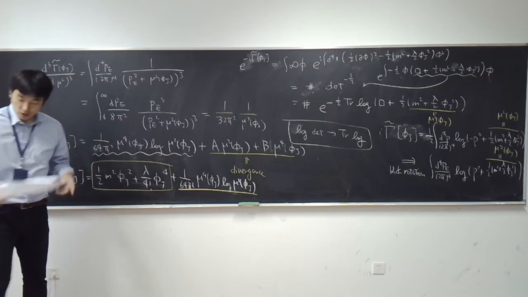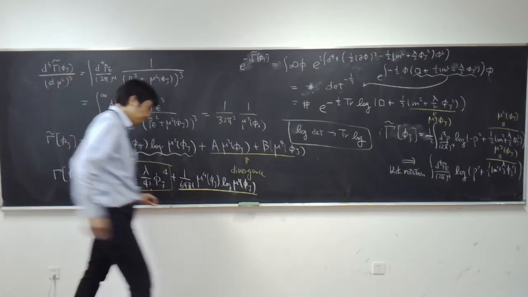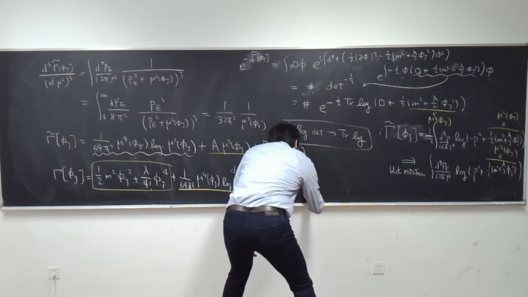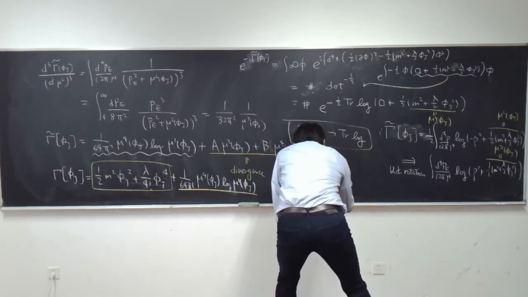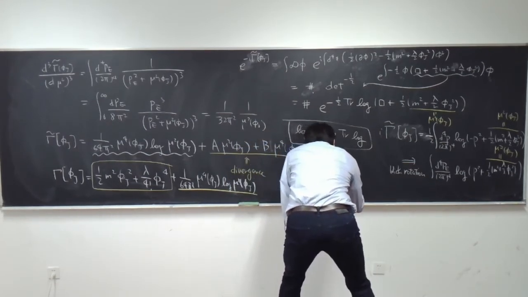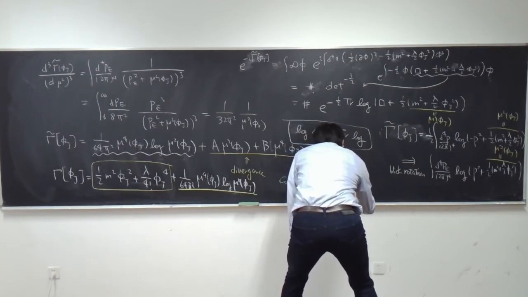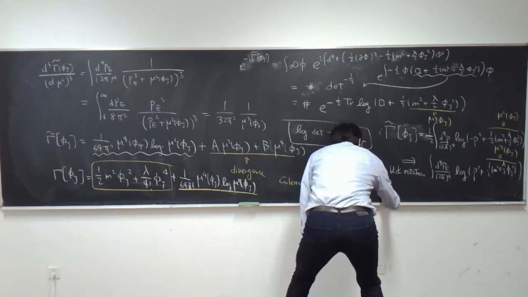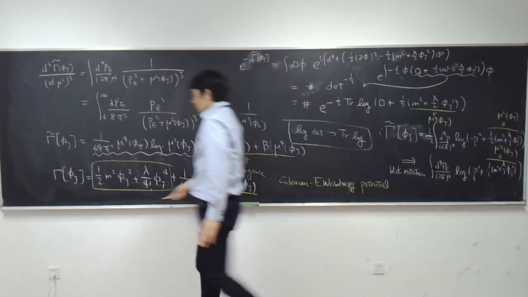That is called the Coleman-Weinberg potential. So this is called Coleman and Erick Weinberg, not Steven. Yeah. So that's the one concept.